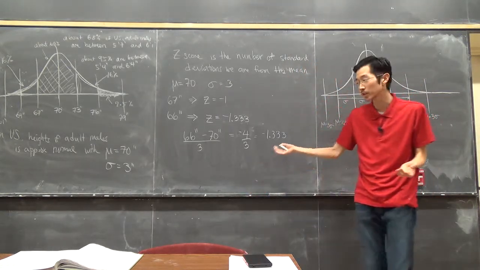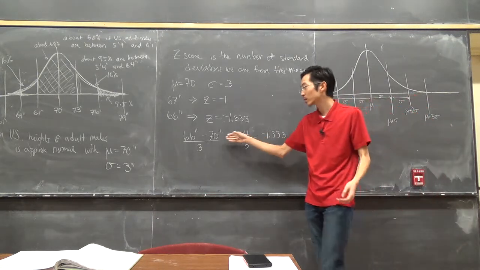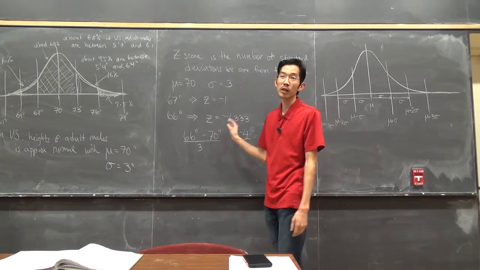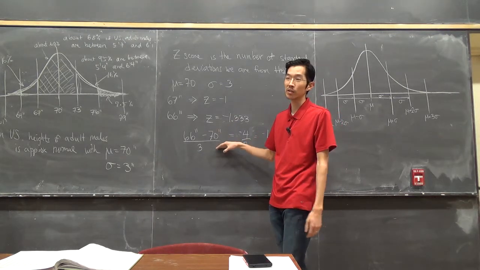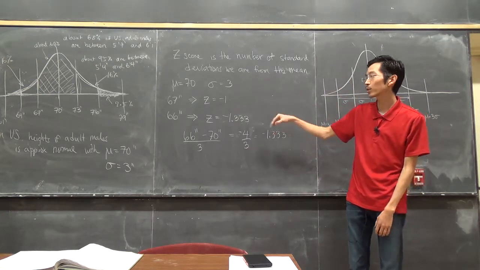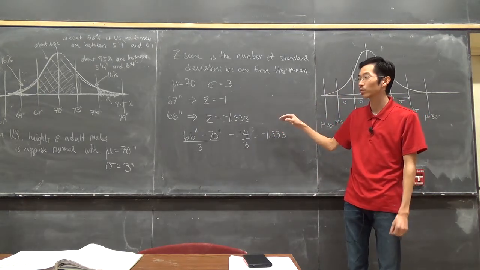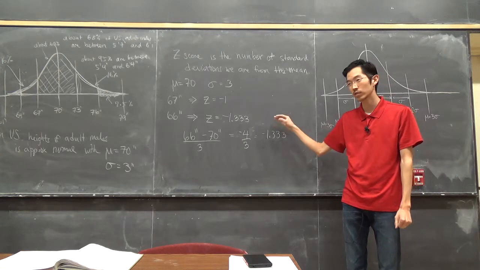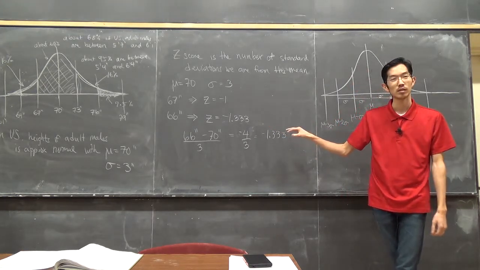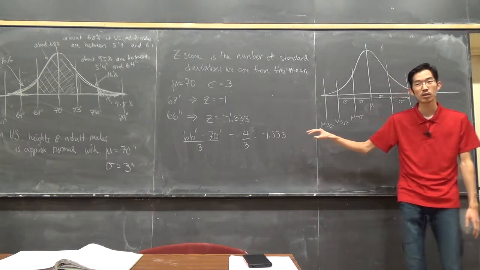And that's all we're doing here. We're just taking a distance, which is how far a certain point is from the mean, and we're dividing that by how large our standard deviation is. Okay? So we don't want to know how many feet we are from the mean or how many inches we are from the mean. We want to know how many standard deviations we are from the mean. Are there any questions?